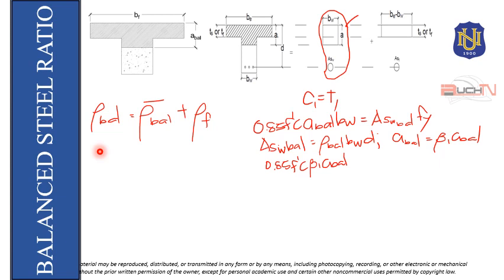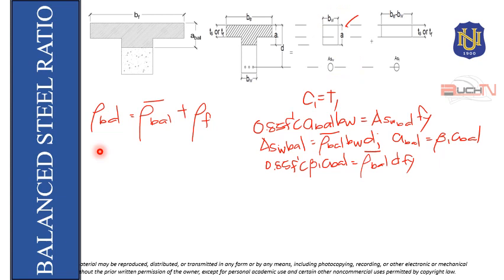So, yung B_W kasi magka-cancel out. So, that will be equivalent to yung rho balance na tinutukoy natin dito, which is rho balance bar, which corresponds to a singly reinforced beam, times d f_y. Kasi itong diagram na to, para siyang singly reinforced na diagram.